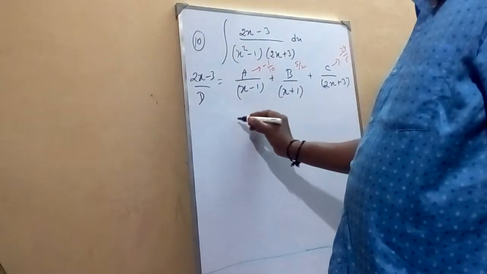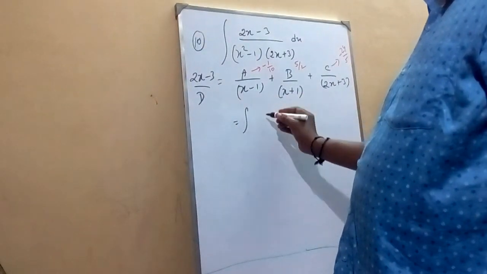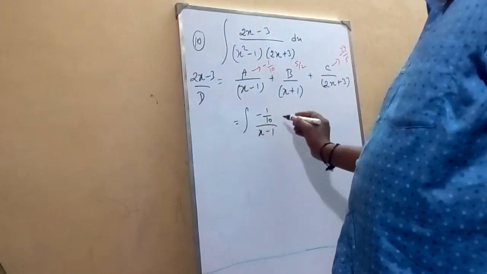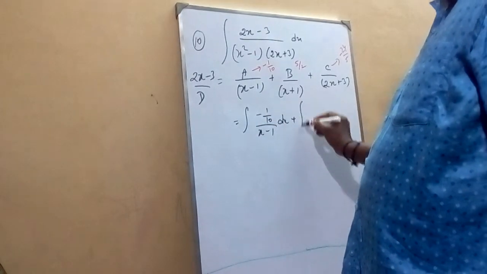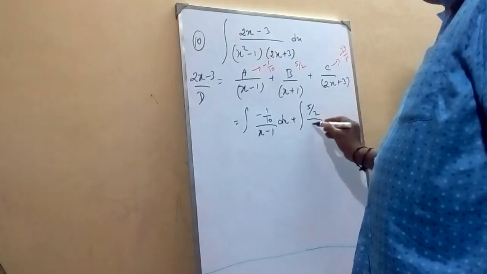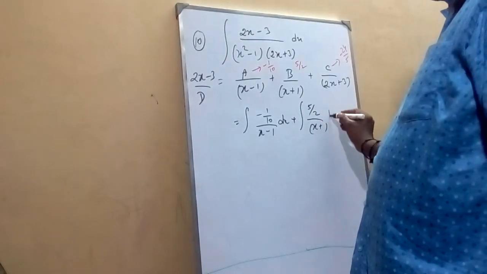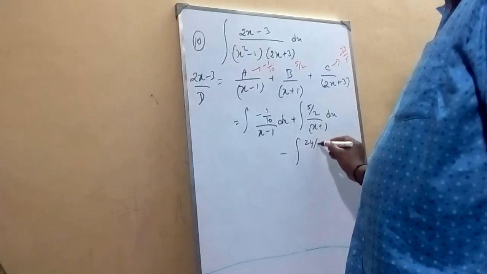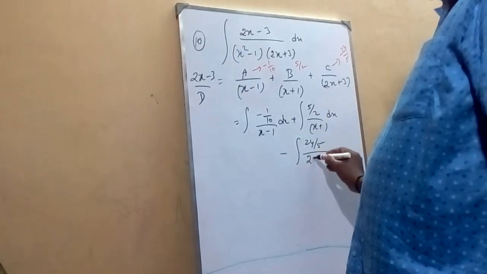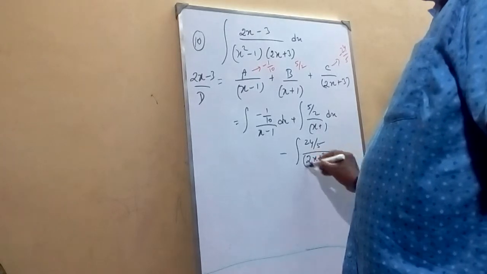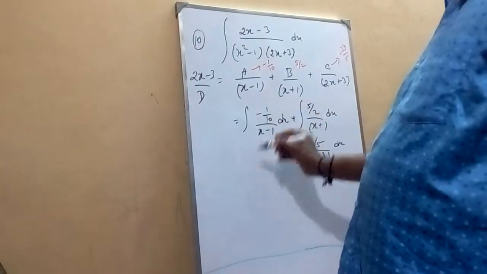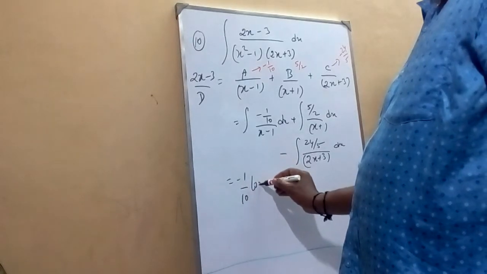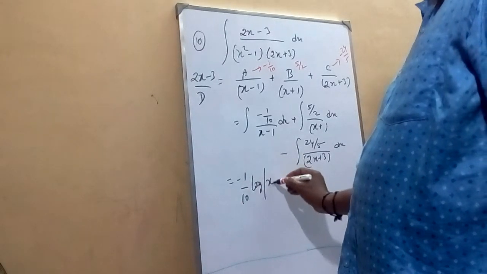It is the integral of minus 1 by 10 over (x minus 1) dx, plus the integral of 5 by 2 over (x plus 1) dx, minus 24 by 5 over (2x plus 3) dx. So see here, it is minus 1 by 10 log of (x minus 1).